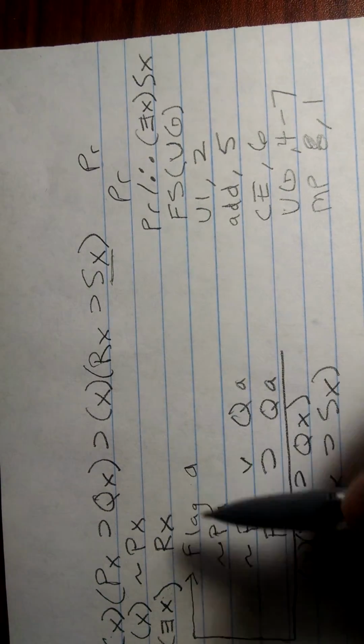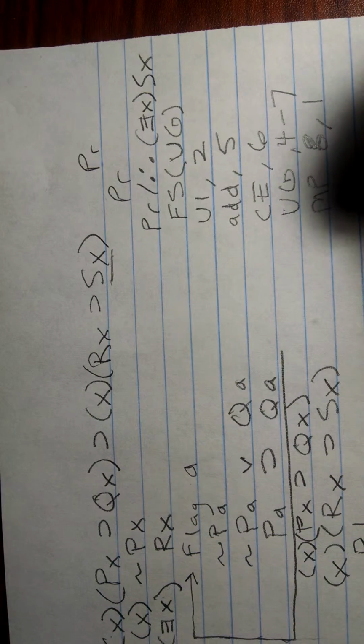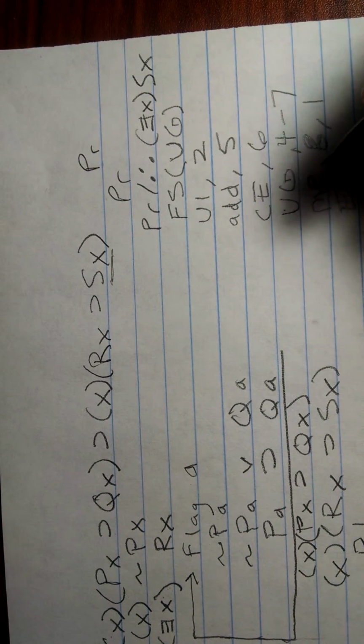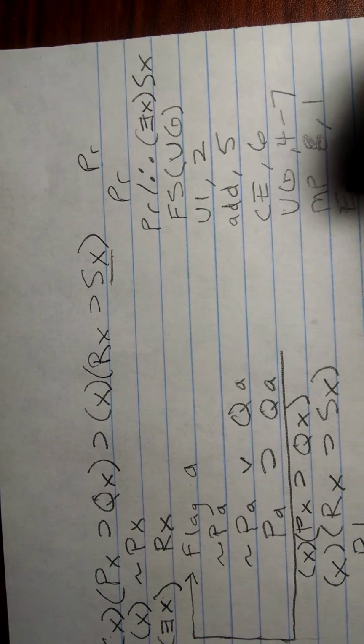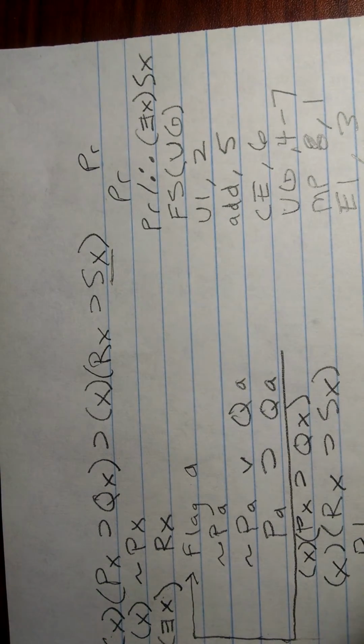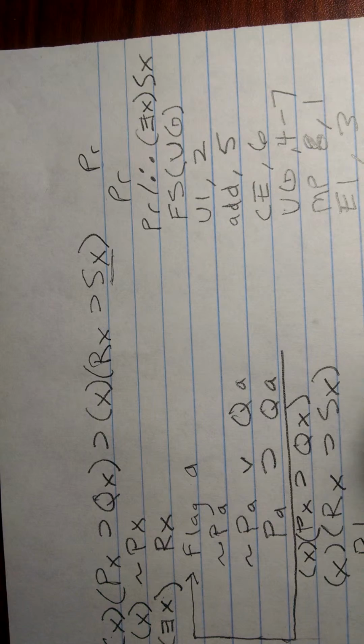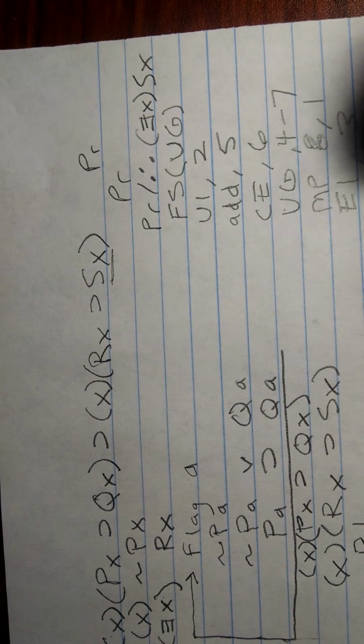We already used flag A, so that is existential instantiation on 3. Now let's do universal instantiation on 9 to get RB horseshoe SB. We'll just use the same constant. That's UI 9.